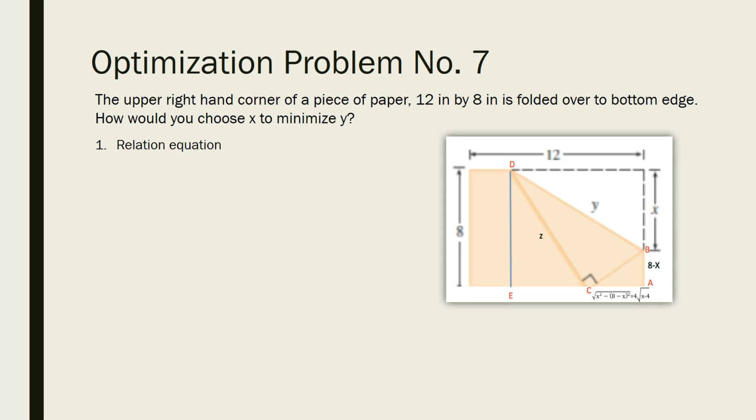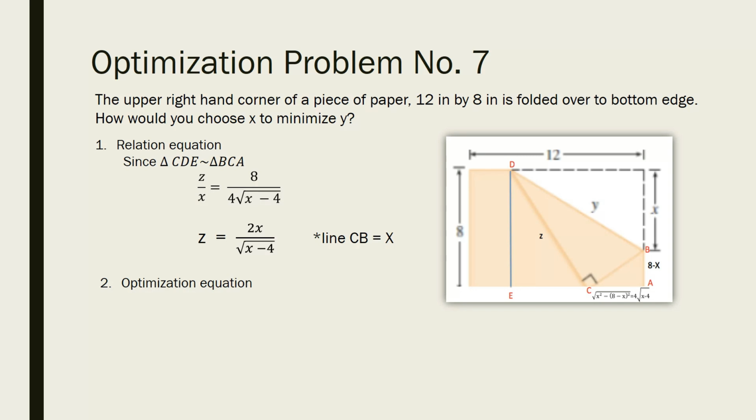First, let's find the relation equation. Since triangle CDE is similar to triangle BCA, and line CB equals x, z over x equals 8 over 4 square root of x minus 4, and z equals 2x over the square root of x minus 4. Secondly, let's find the optimization function, which is y squared equals x squared plus z squared.